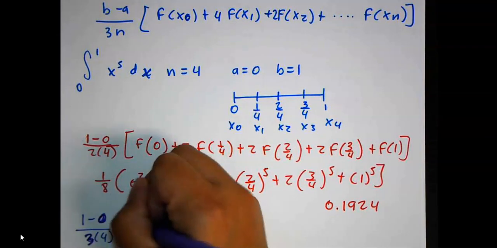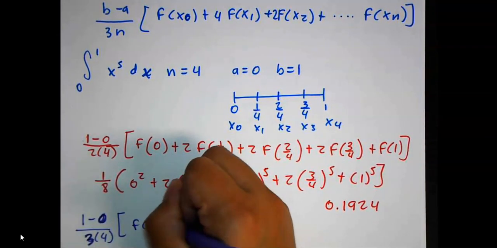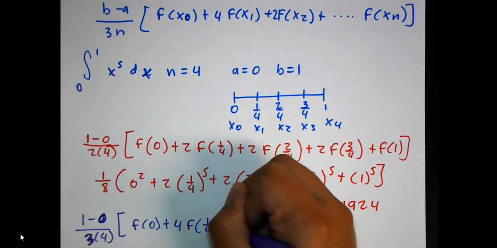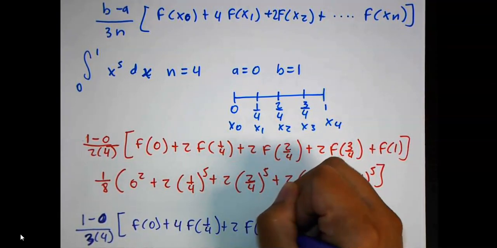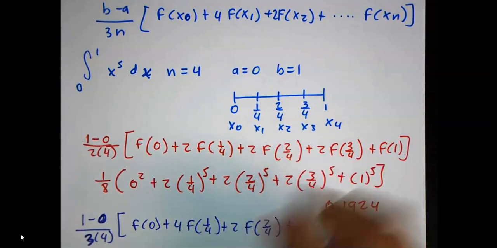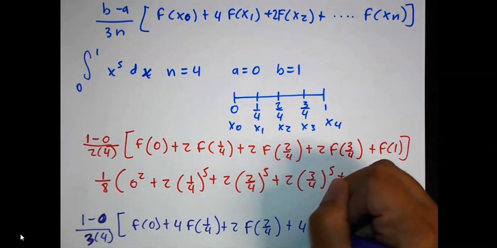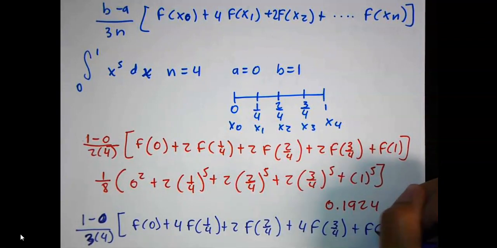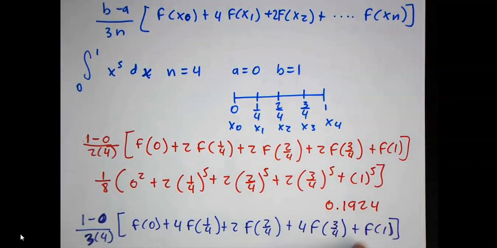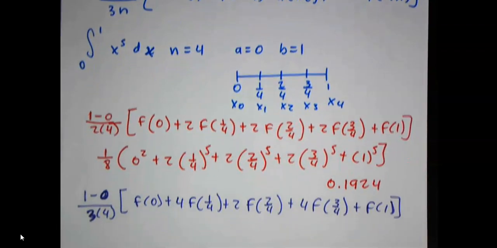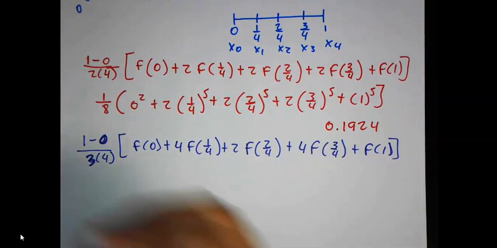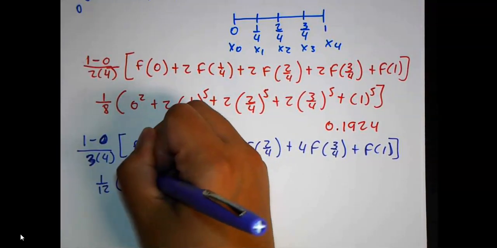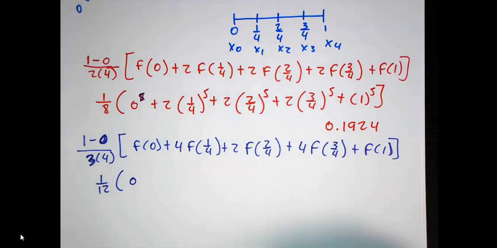So it's going to be f of 0 plus 4 f of 1/4 plus 2 f of 2/4. So 4, 2, and the next one's 4, 3/4 plus f of 1. The first and the last don't have anything. Okay? So let's just plug it in. So now we have 1 over 12. We got 0 to the 5th, sorry, that should be a 5.